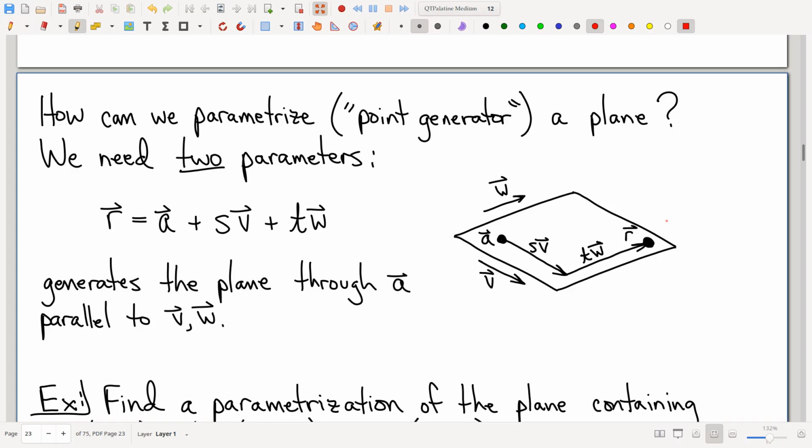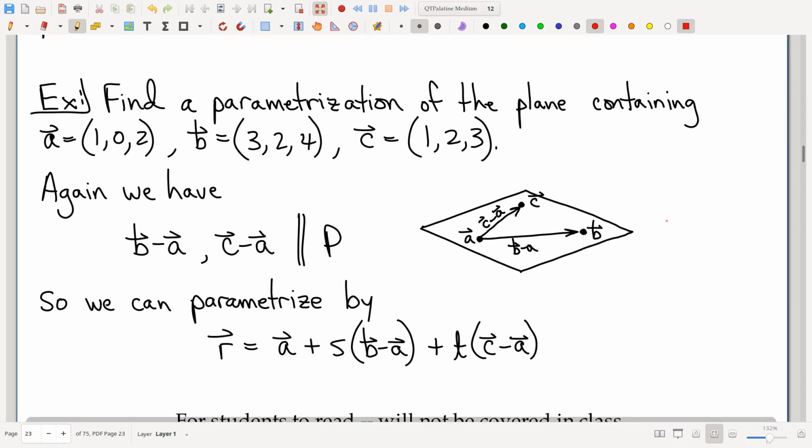It's just artistically, I don't know a better way without computer graphics. So there are no constraints on S and T, because the plane extends infinitely.